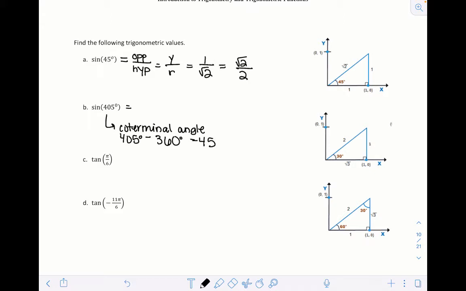And so because of what I had just drawn before, 405 degrees would be starting here, going around. This would be 360 degrees plus 45. It would end in the same spot. So that means from trying to evaluate sine, that sine of 405 degrees is the same thing as sine of 45 degrees, which we had already found, and so the answer is square root of 2 over 2.